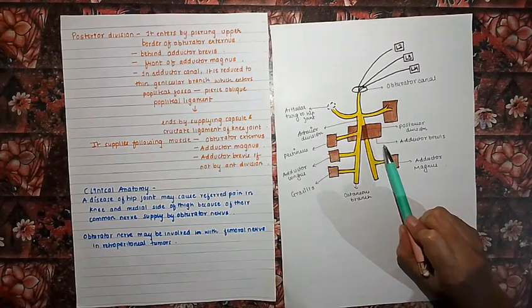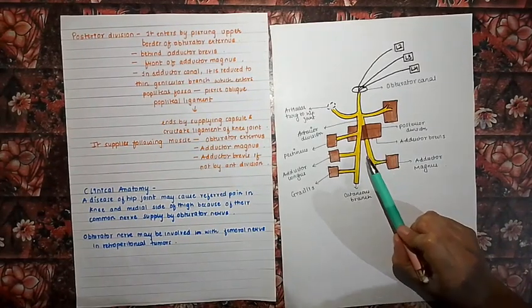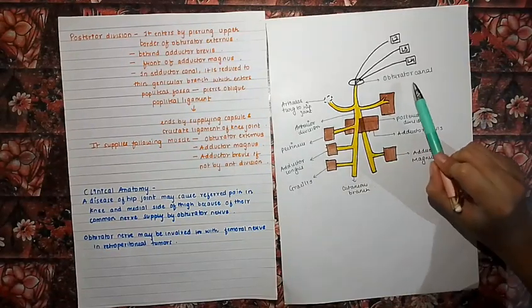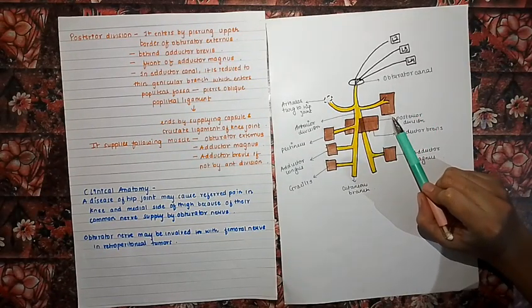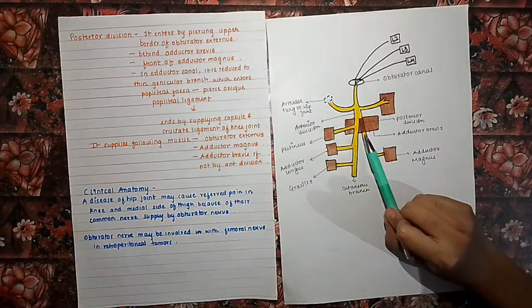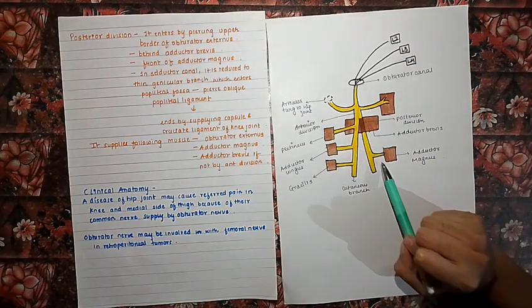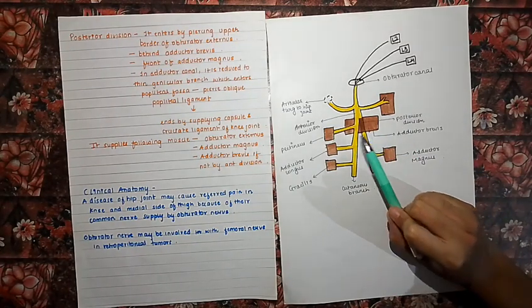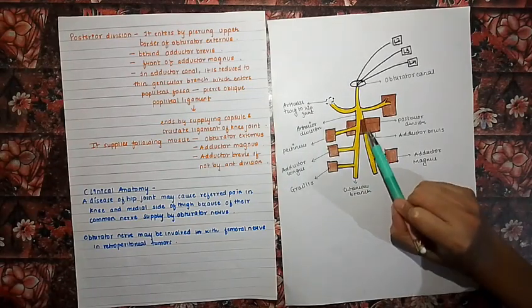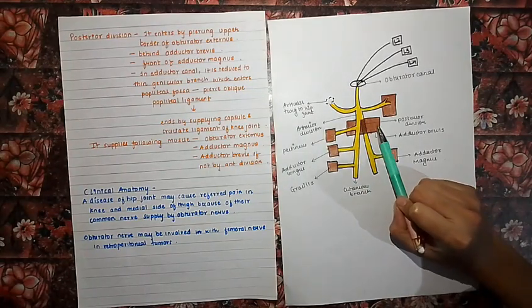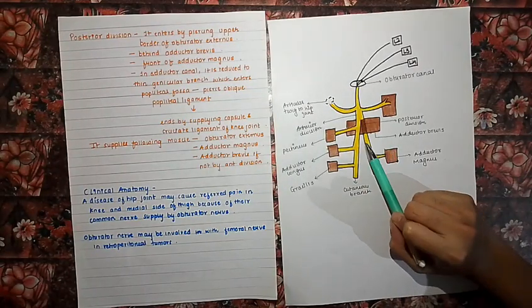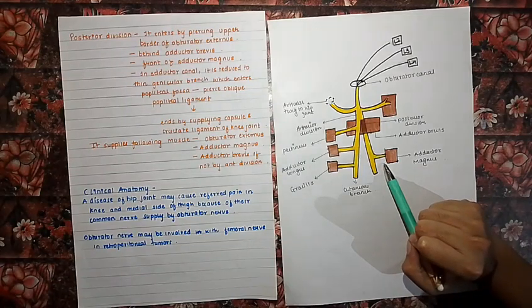So the posterior division pierces the upper border of obturator externus muscle. Obturator externus muscle के upper border को pierce करेगा. फिर जाता है front of the adductor magnus के and behind the adductor brevis. As we can see, this nerve is traveling behind the adductor brevis and in front of the adductor magnus muscle.